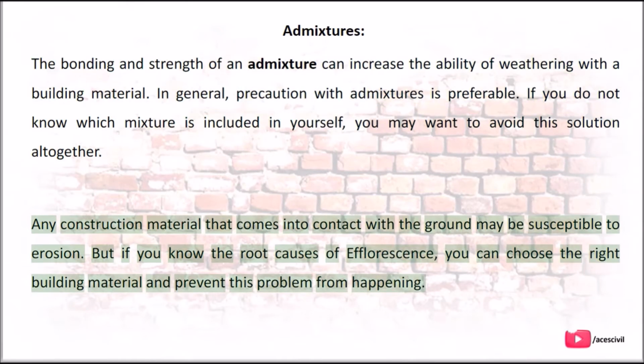Any construction material that comes into contact with the ground may be susceptible to efflorescence. But if you know the root causes of efflorescence, you can choose the right building material and prevent this problem from happening.